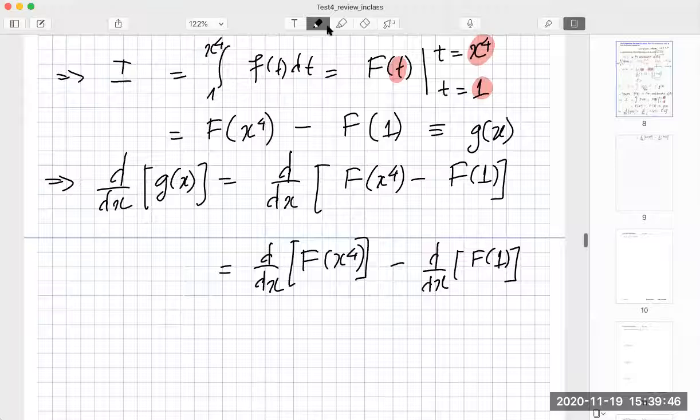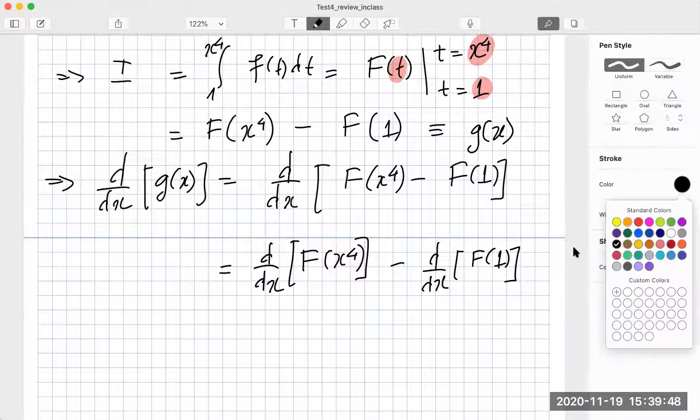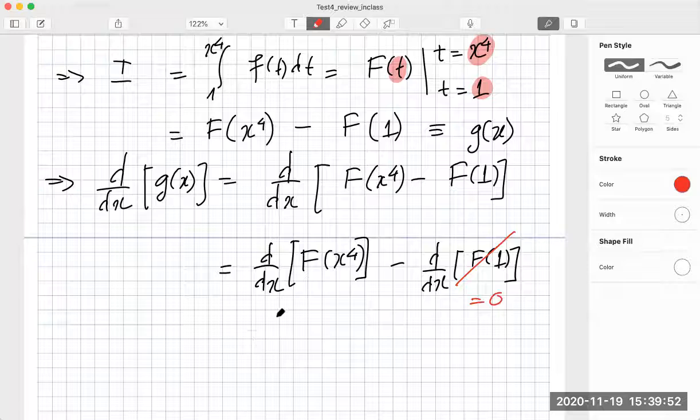Again, this guy is simply a number, so it is 0, right? Furthermore, this guy, be careful, we need to use the chain rule. Okay? And what is it here in the chain rule?